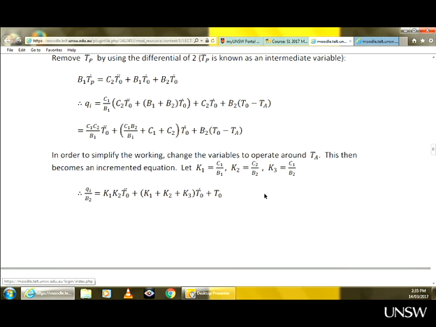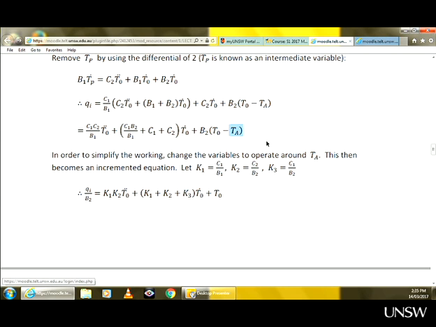At this stage, you wish you could create a transfer function, finding the output over input, of course, with the Laplace transform first. But the problem is that you can't because you have this constant TA. So this constant prevents you from forming that relation, that ratio, output over input equals one polynomial over another polynomial.